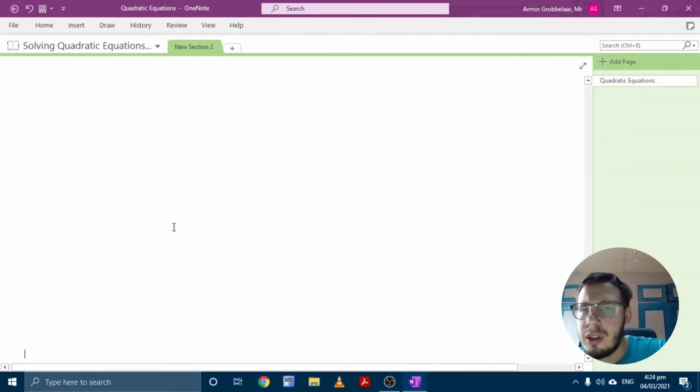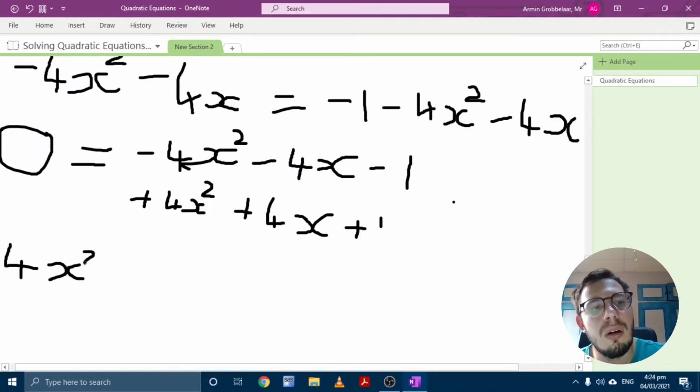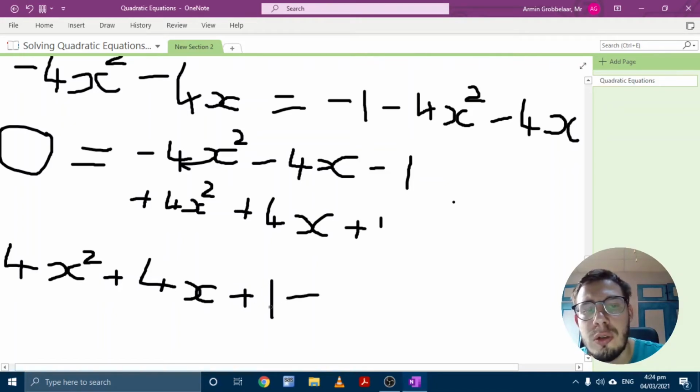So what I'm left with is, because it's 0, 0 plus 4x squared, 0 plus 4x, and 0 plus 1, which is just 1, is equal to, now minus 4x squared plus 4x squared is just 0, minus 4x plus 4x is also 0, and minus 1 plus 1 is also 0.